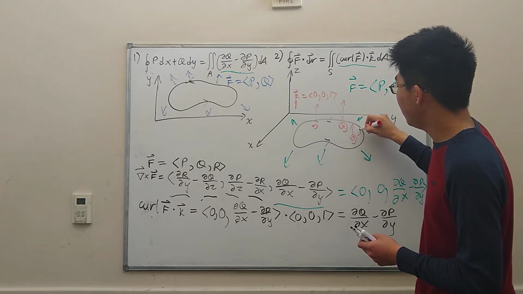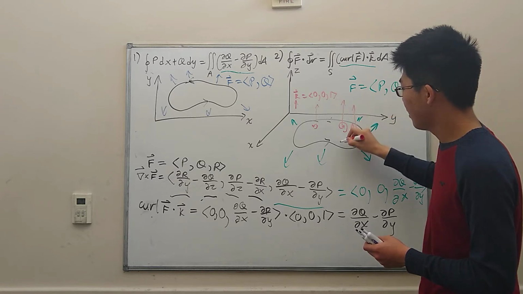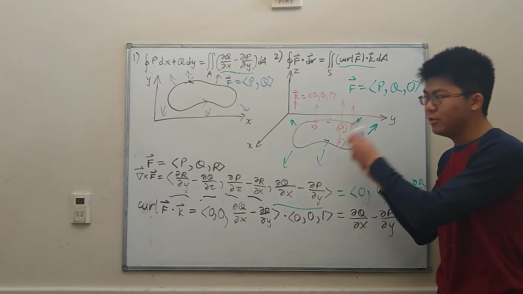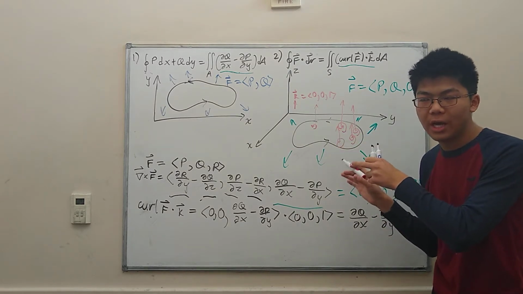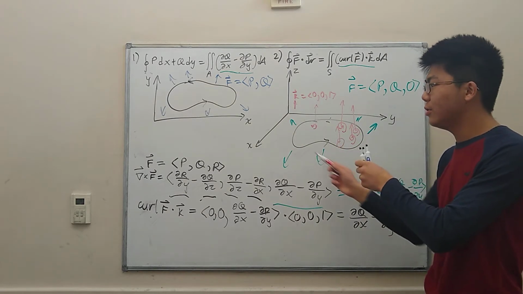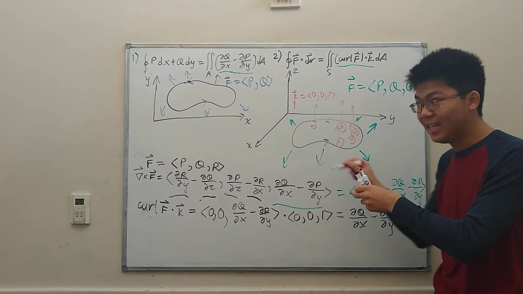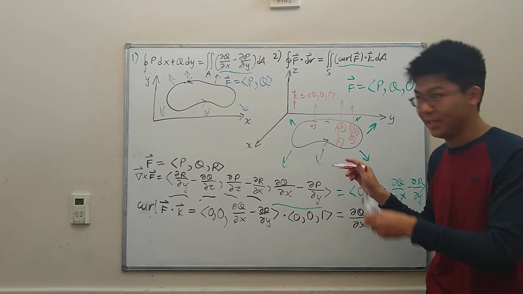When you sum up all these little curls, it turns out that when you sum up all these little microscopic circulations, it is equal to the macroscopic circulation, which is just the line integral on the outside region.